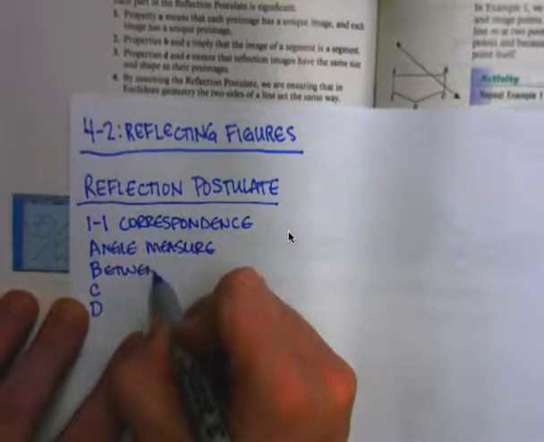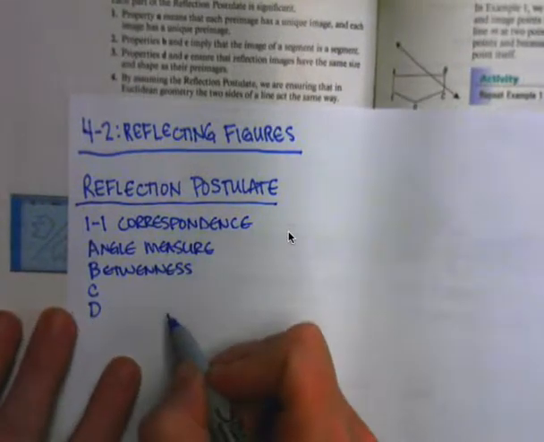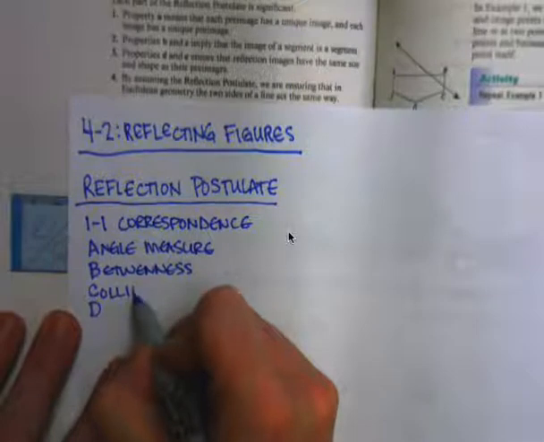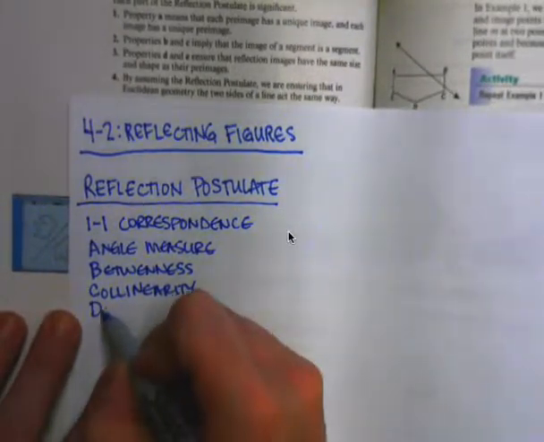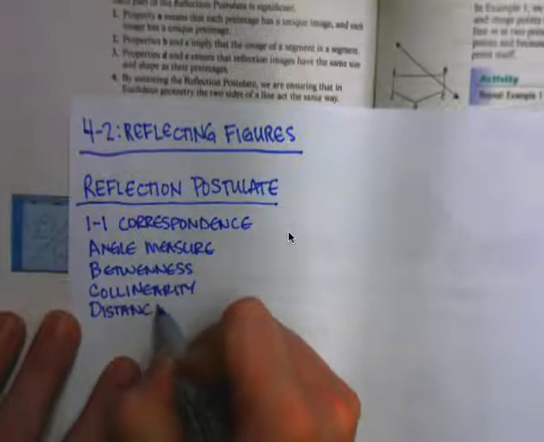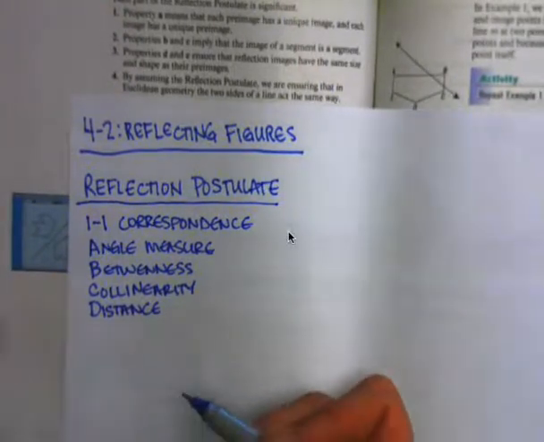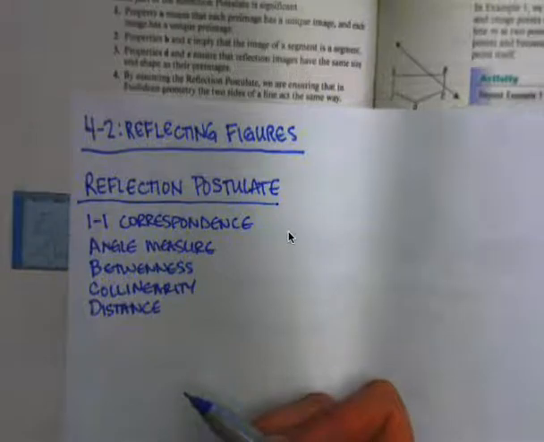Betweenness is preserved. Collinearity is preserved. And distance is preserved. All right, so that's an easy way to remember all of those things about a reflection.